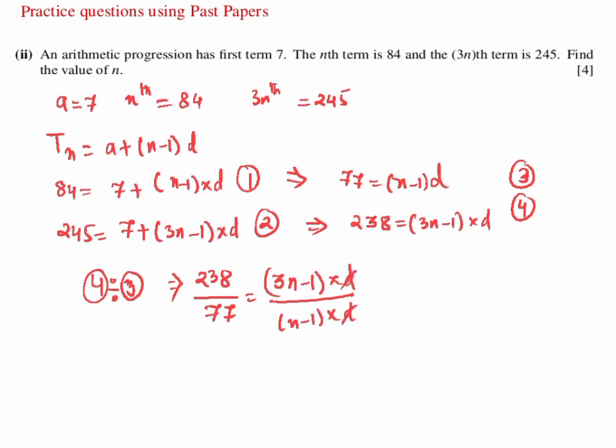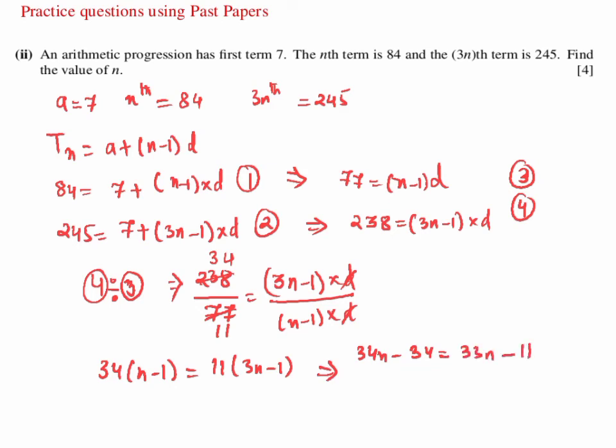d cancels out. Now let us simplify this. On dividing by 7, you will get 7 3s are 21, 7 4s are 28, and this will be 34 upon 11. Now it is not further divisible, so we'll cross multiply. So 34 into n minus 1 equals 11 into 3n minus 1. Let us solve it. You will get 34n minus 34 equals 33n minus 11.